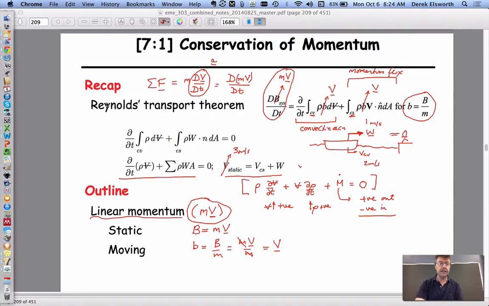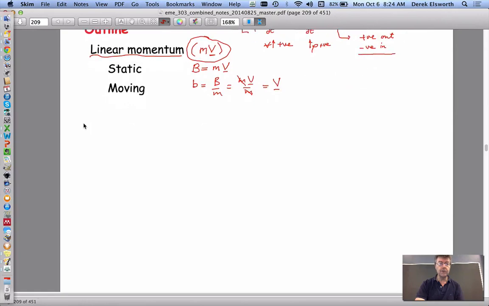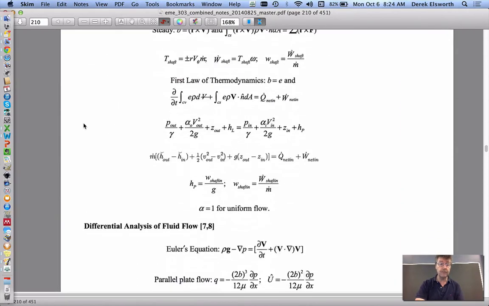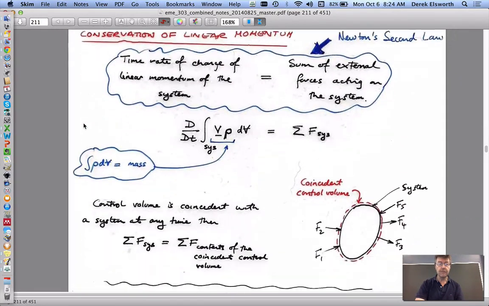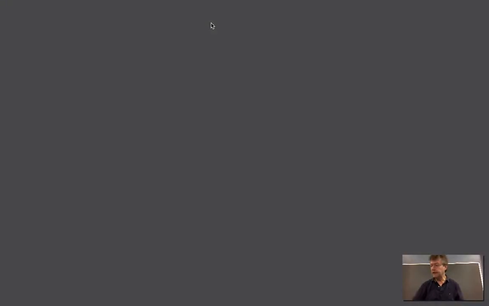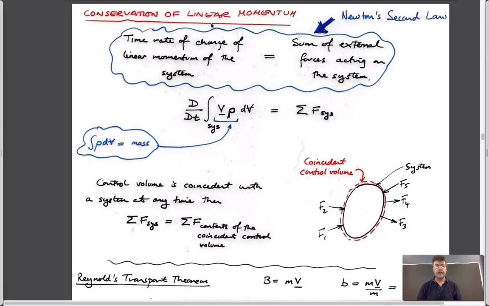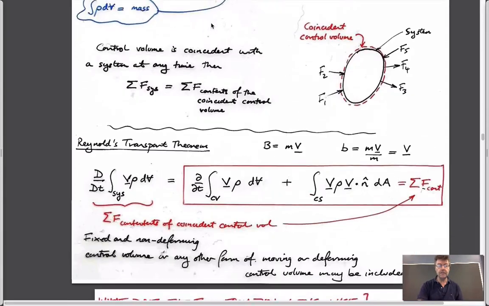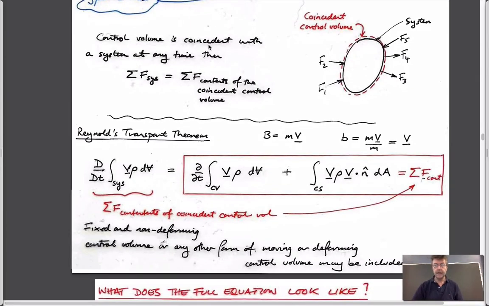Okay, so I guess back to the real McCoy now, and talking about this. We won't go through this. We've kind of done this. So what we've done already then is we've made some comment that we can use in Reynolds transport theorem this extensive property and this intensive property to substitute into this.